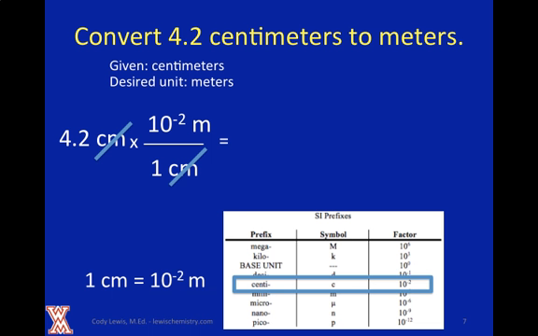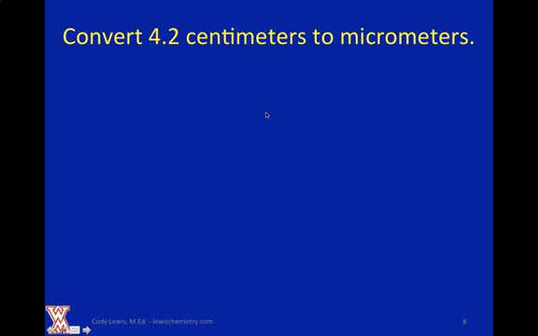It will say 0.042 meters. The last thing we need to do is check for significant figures. We start off with 2 significant figures, and since this is a conversion factor, we do not count it in significant figures. Our final answer has 2 significant figures.